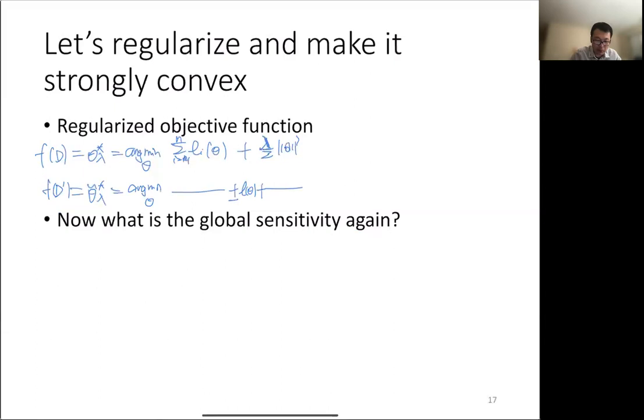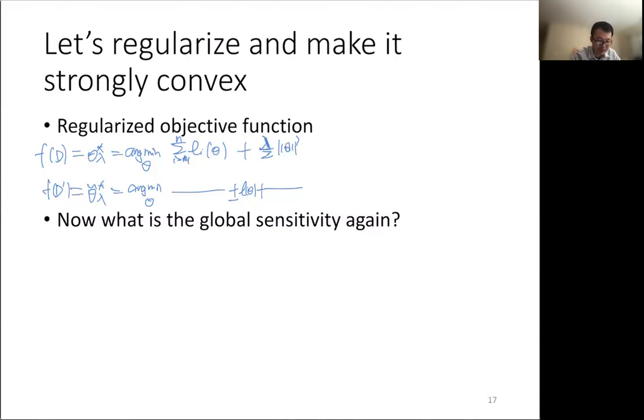Okay, so what is the global sensitivity in this case? Let's try applying the definition of strong convexity, because after we add this additional regularization term, the objective function that we're minimizing becomes lambda strongly convex, and we'll now apply this definition.